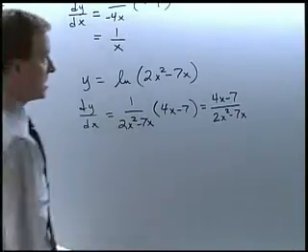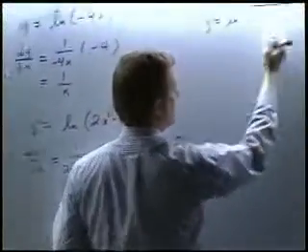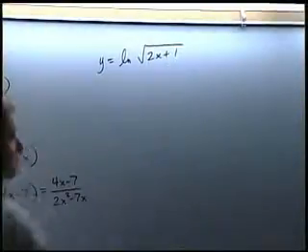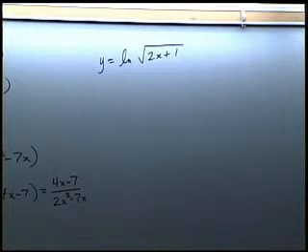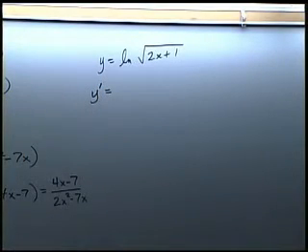All right, what if we have this example? The natural log of the square root of 2x plus 1. Again, we're interested in the derivative, so where do I start? Yep, exactly.